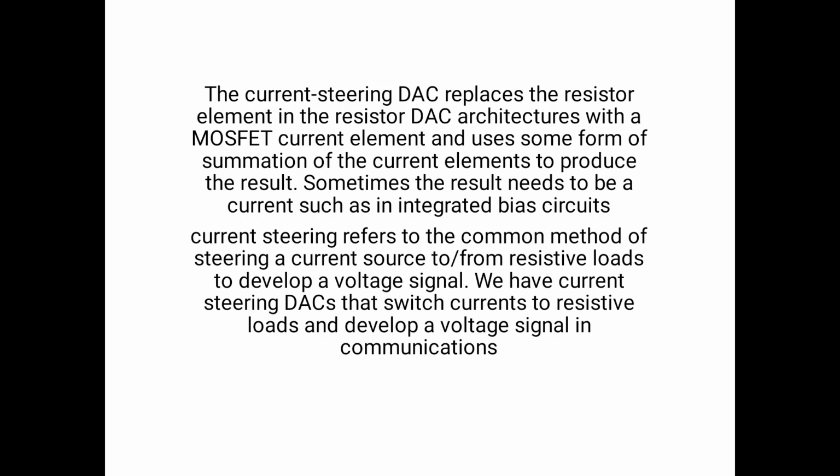We have current steering digital to analog converters that switch current to resistive loads and develop a voltage signal in communications.